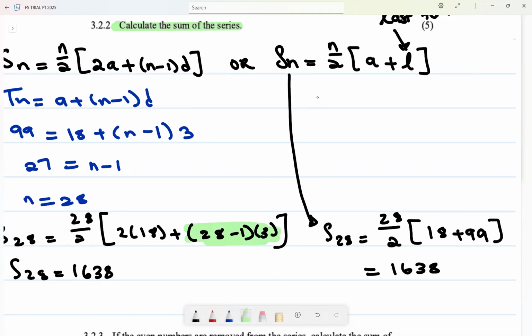Basically, remember this is 2 times 18, the same as 18 plus 18. So just punch on your calculator 18 plus 28 minus 1, which is 27, multiplied by 3. It gives you 81, so you get 99. So yeah, that's that.